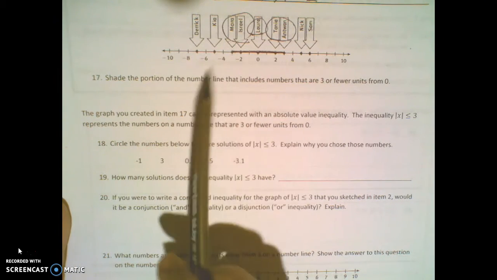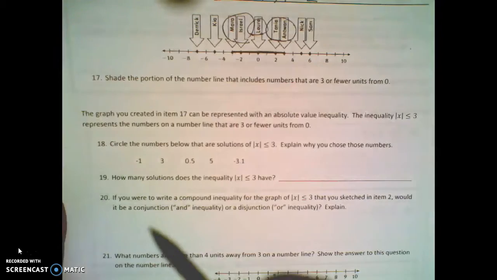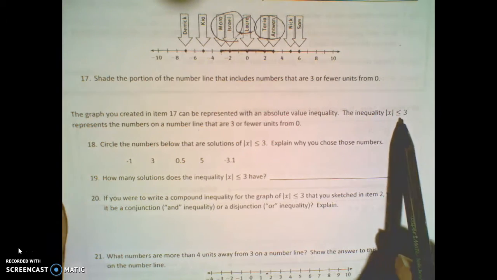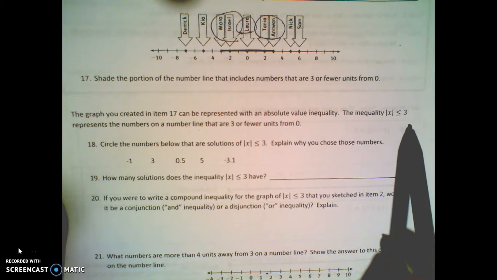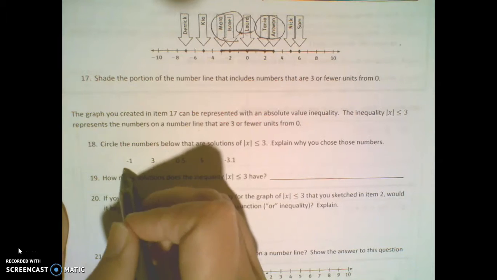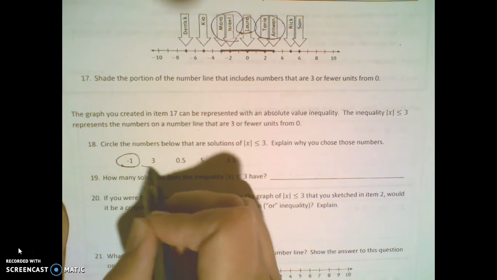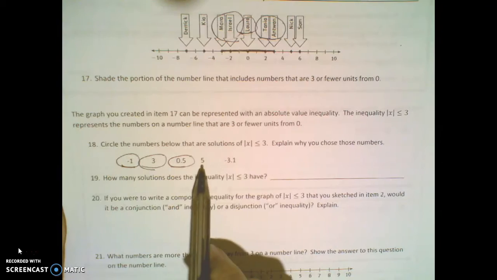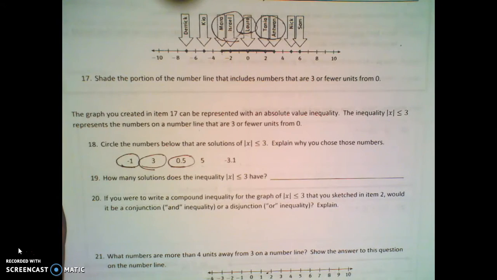The graph that we created right here can be represented with an absolute value inequality, and that absolute value inequality would be absolute value of x is less than or equal to 3. So things that are absolute value less than or equal to 3 would be -1, 3, and 0.5. These guys do not fit in there.